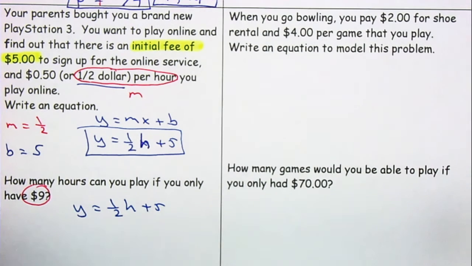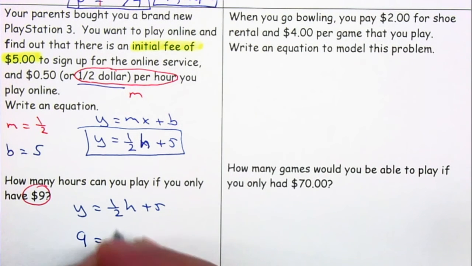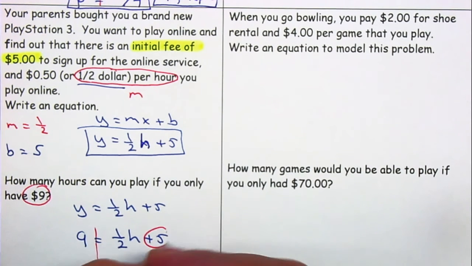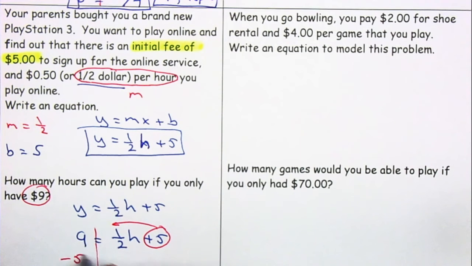Correct. So I'm going to plug the 9 into the y. It'll be 9 is equal to 1/2 h plus 5. Now we can solve the equation. I'm going to move my 5 to the left. It's going to become a -5. So that gives me 4 is equal to 1/2 h. Now I'm going to get rid of the denominator, so I'm going to multiply by 2.